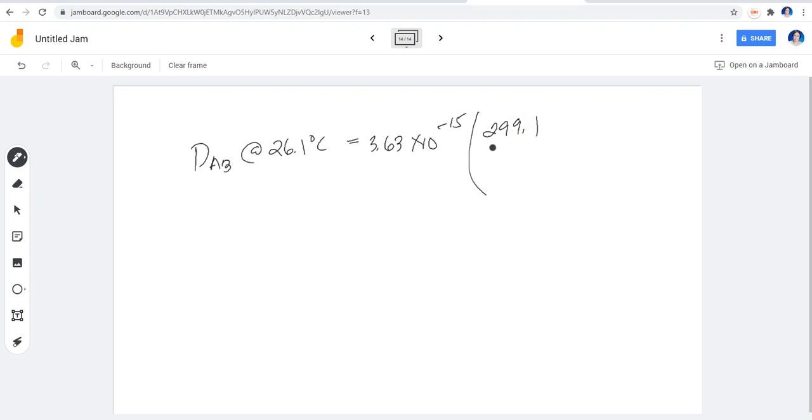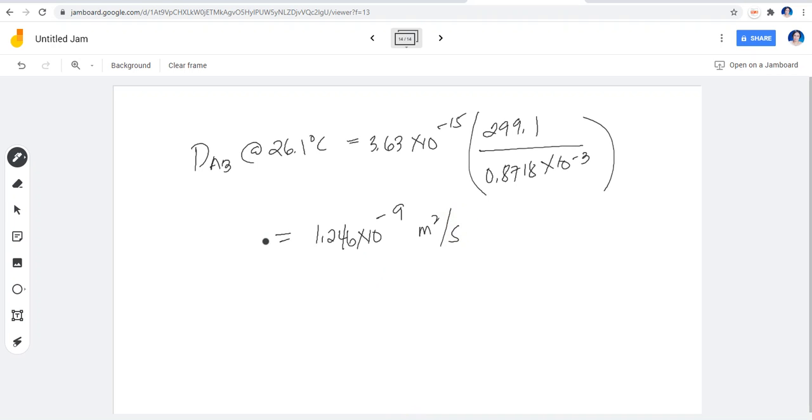This is for the 26.1 degrees Celsius, divided by the mu at this particular temperature, which is 0.8718 times 10 raised to negative 3. So now I have a corrected molar diffusivity at the indicated temperature, which is 1.246 times 10 raised to negative 9 meters squared per second.